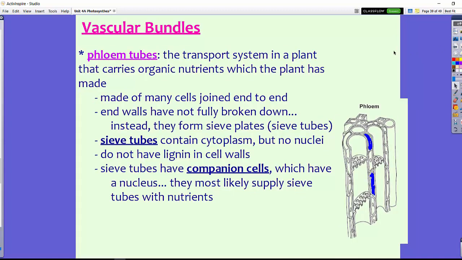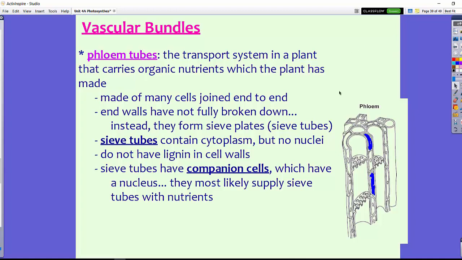Now phloem tubes are part of this vascular bundle that transports organic nutrients. These are the things that the plant has already made. So for example, some of the glucose and sucrose that the plant needs moves from one end to another up through the phloem. Once again, the phloem is made of cells joined end to end.